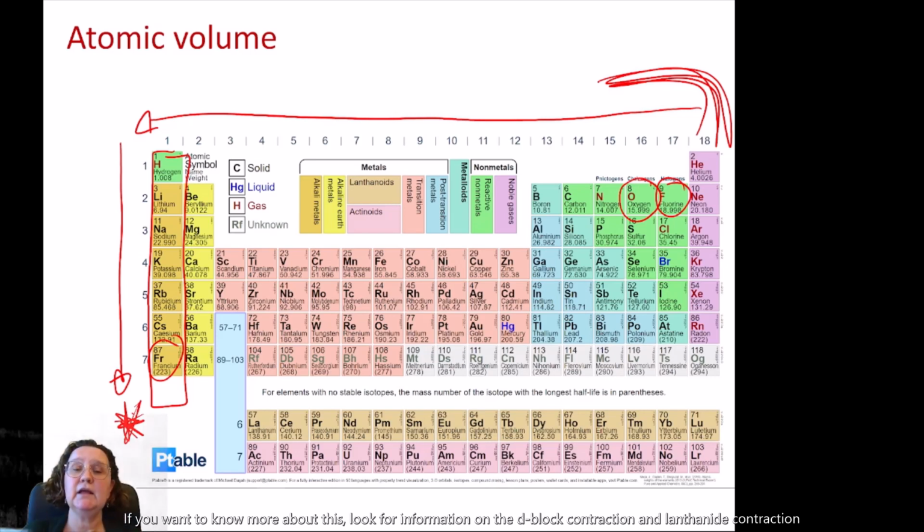So again, the further you move towards the left in a period, the larger the atoms become. The further you go down into a group, the larger the atoms become. And that is because of these two conflicting things: the stronger your positive charge gets, the more it attracts the electrons and the atom shrinks.